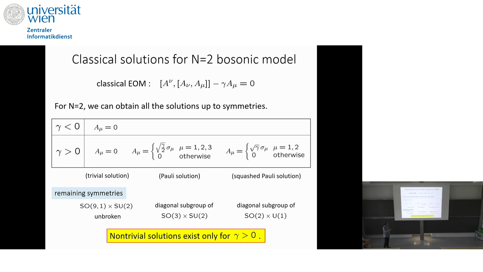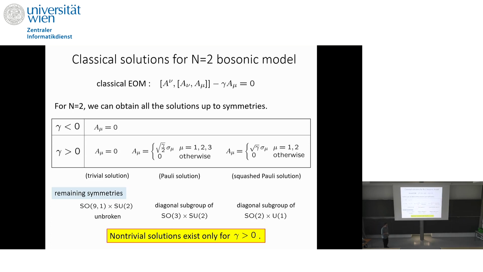But for the Pauli solution, only the diagonal subgroup of SO(3) cross SU(2) remains unbroken. And in the case of squashed Pauli, only SO(2) cross U(1). So this one is the less symmetric solution. But anyway, the point here is that non-trivial solutions like Pauli or squashed Pauli exist only for positive gamma.